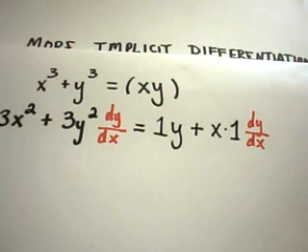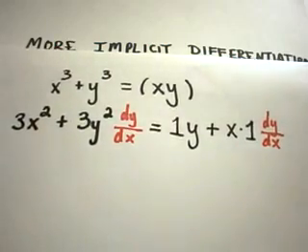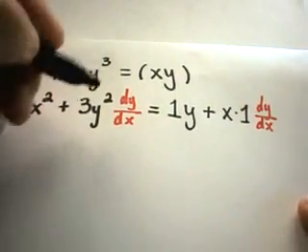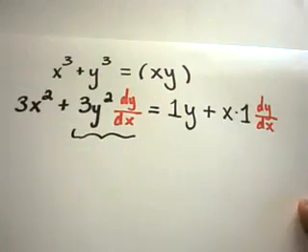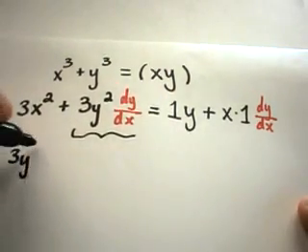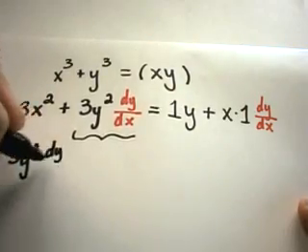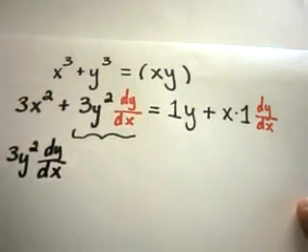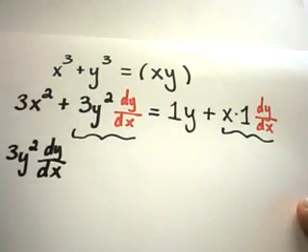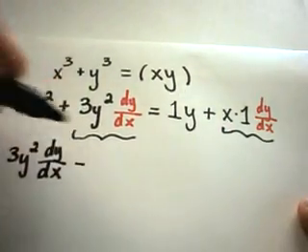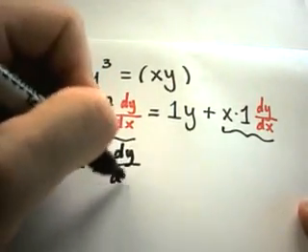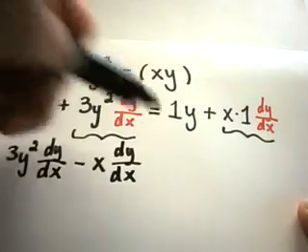Alright, at this point, what you want to do is simply get all your dy dx's on the same side. So I'm going to leave my 3y squared dy dx on the left. I'm going to move my x times dy dx term over by subtracting it, so I'll have minus x dy dx.